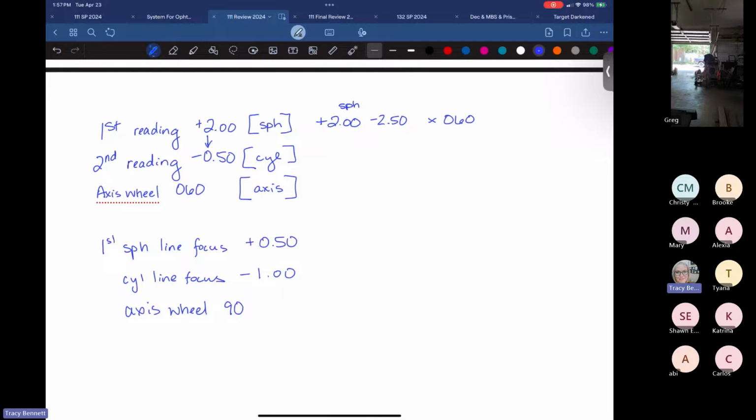Remember that when we do these readings, the sphere is always first, the cylinder is always second. So that translates right back to what that is. So the sphere line, we've got a +.50 and the axis is 90. And then how far did we go from a +.50 to a -1? -1.50.